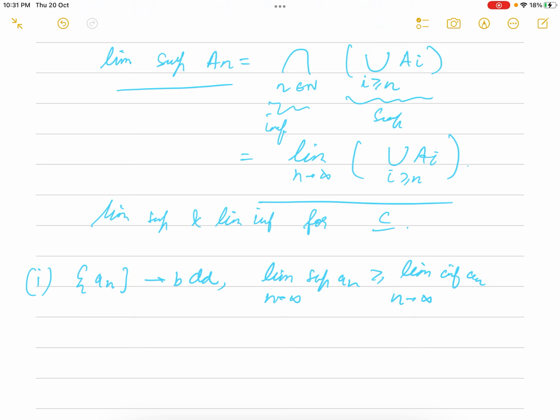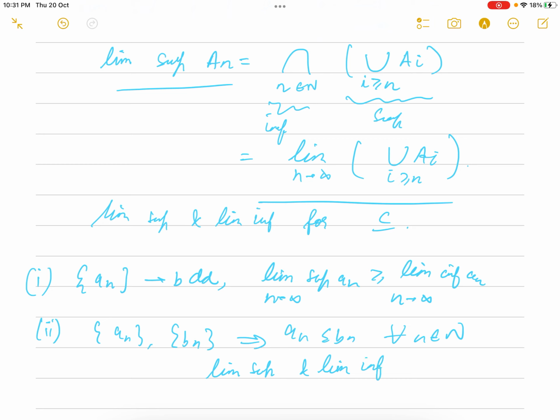And for any two bounded sequences a_n and b_n, if a_n is less than or equal to b_n for all n belonging to natural numbers, then lim sup and lim inf over the sequences a_n and b_n follow the same ordering.